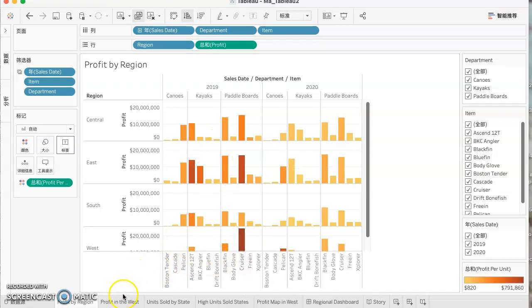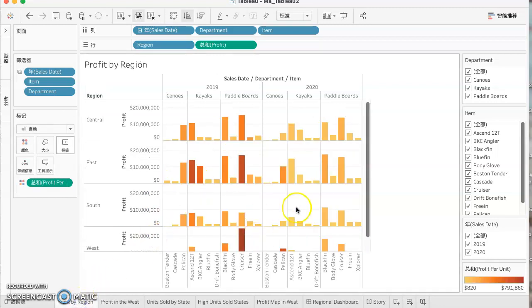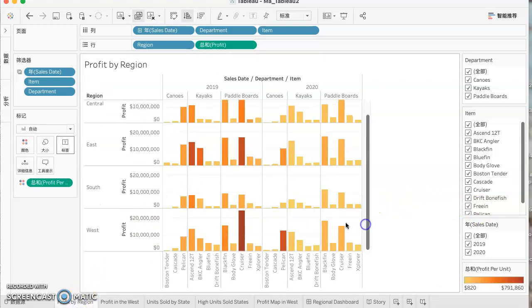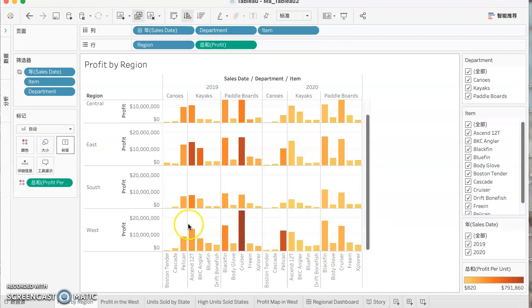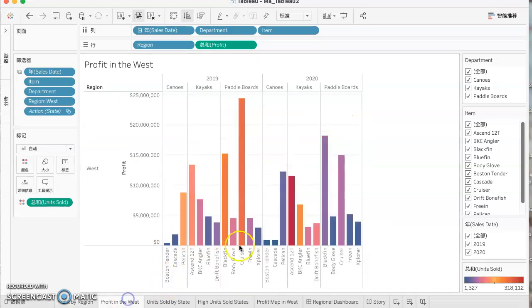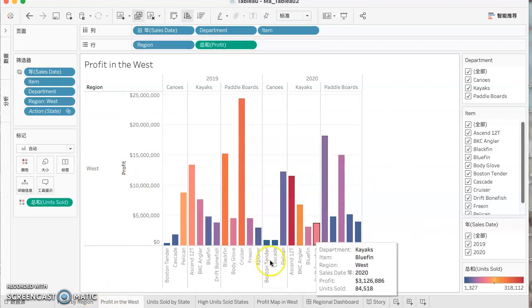Then let's move on to the next sheet, which is profit in the West. In this sheet, I'm curious how the cruiser can have the highest profit. So I took out the West part, and here's the sheet.